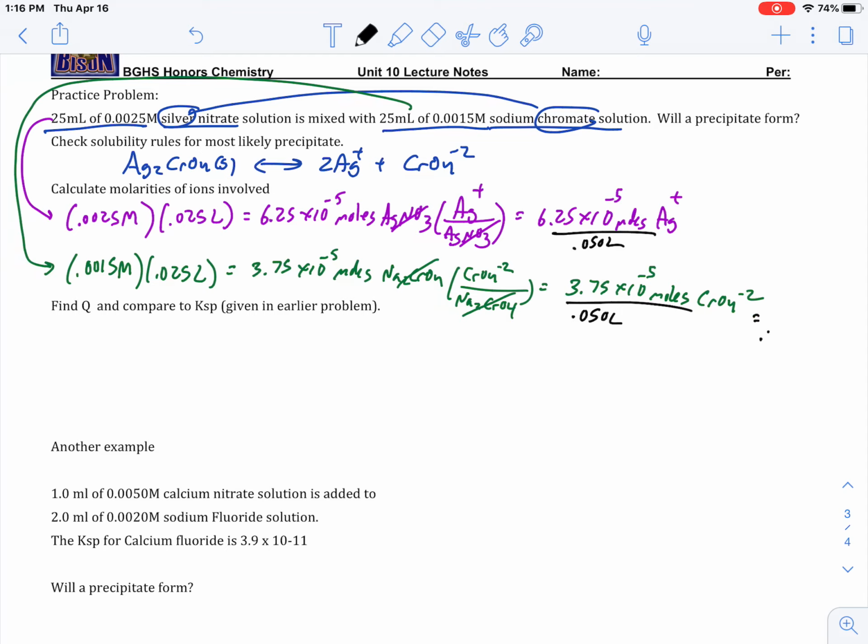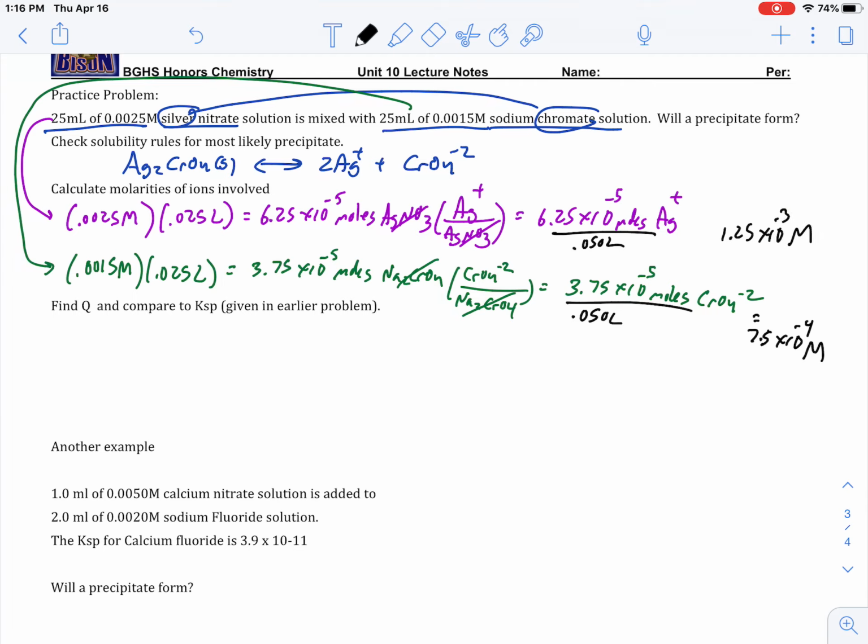So this one, 7.5 times 10 to the minus 4 molar. And 1.25 times 10 to the minus 3 molar.